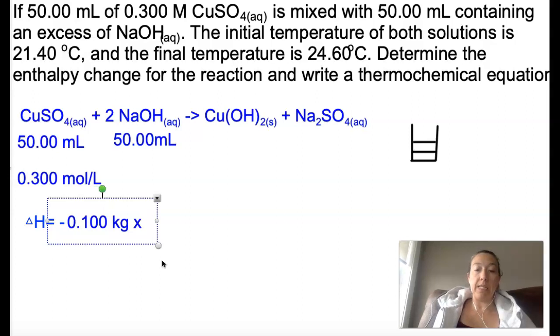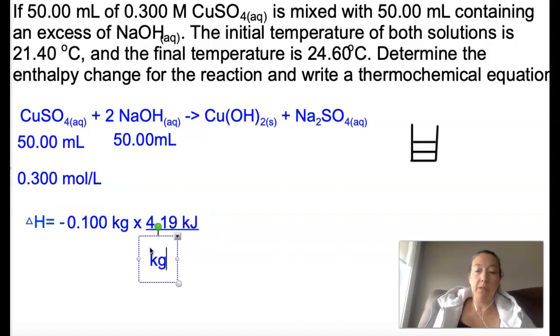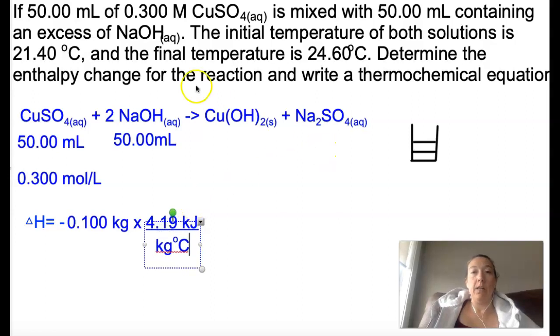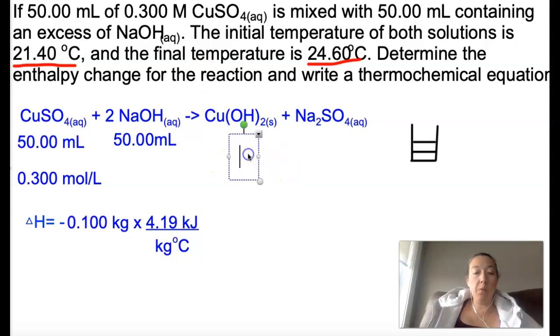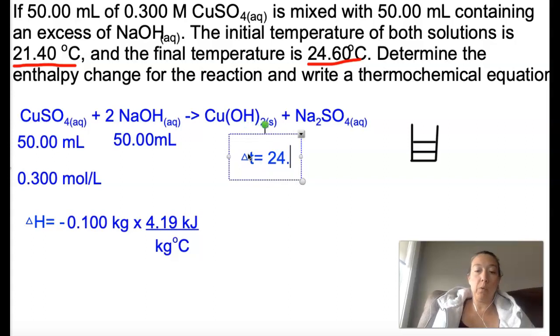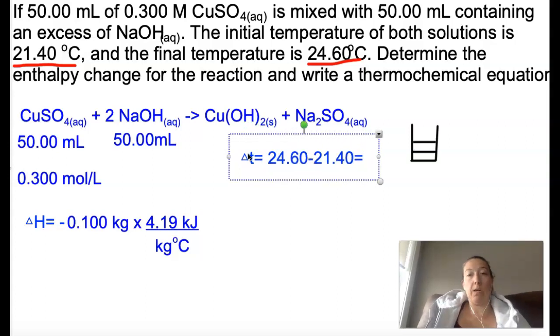Now we need to do our C. So we're going to use that 4.19 kilojoule per kilogram degrees C. Then I need my delta T. So the question said the initial temperature is 21.4 and the final temperature is 24.6. So if I want to calculate my delta T, it's going to be 24.60 minus 21.40.